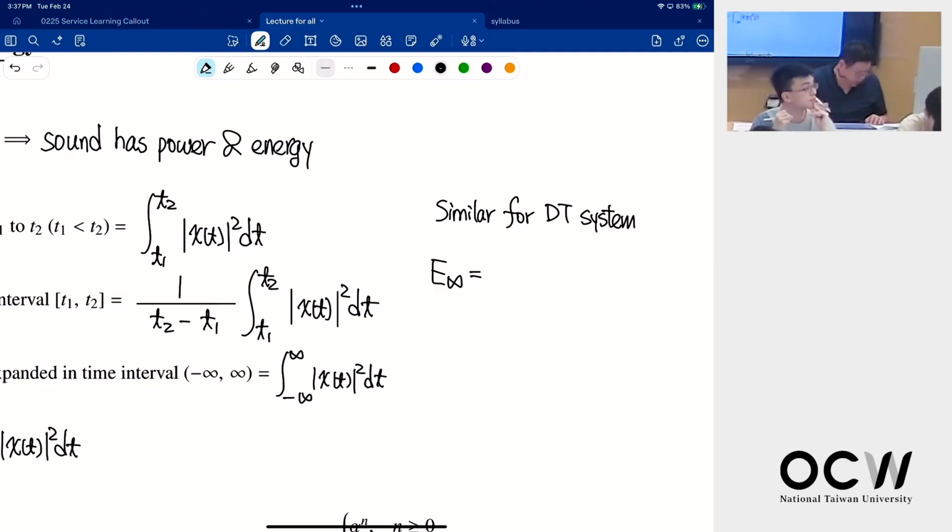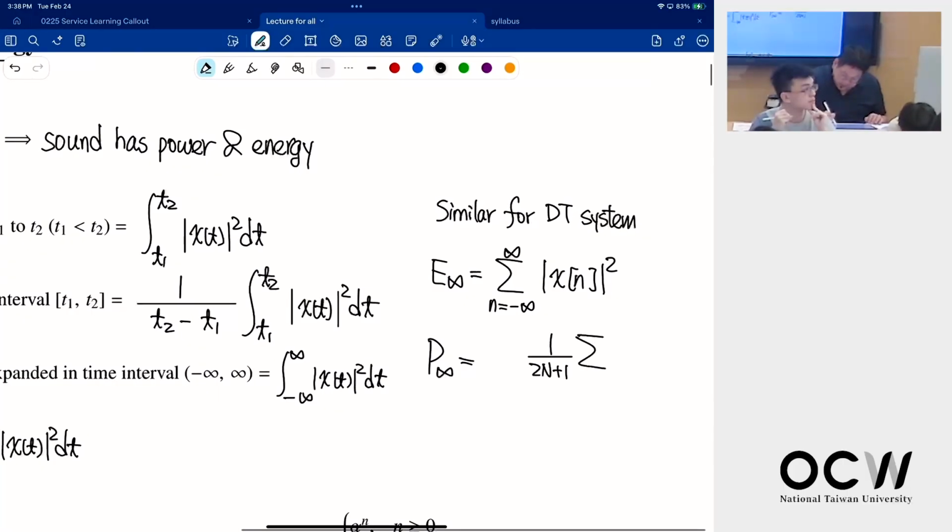The total energy will be the summation n from minus infinity to infinity of the magnitude of the signal squared. And then power will be 1 over 2N plus 1, with the summation n from minus N to capital N, and with that, N goes to infinity.